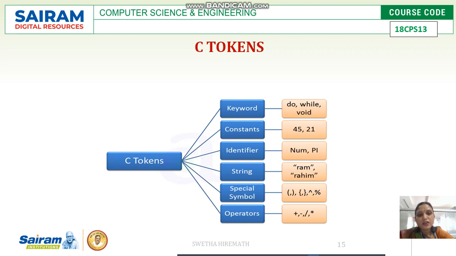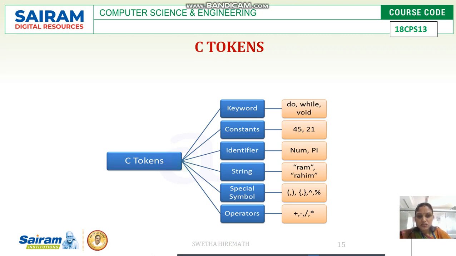That meaning cannot be changed, and we can use those keywords only at the particular point where the meaning applies. We cannot use a keyword wherever we want. A few examples are do, while, void. They have their own predefined meaning.